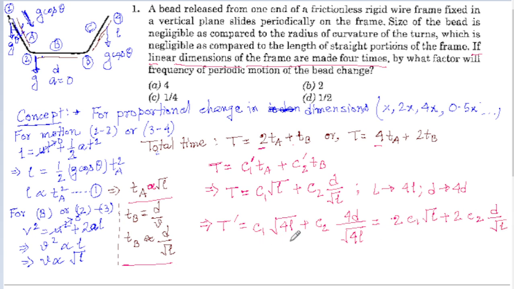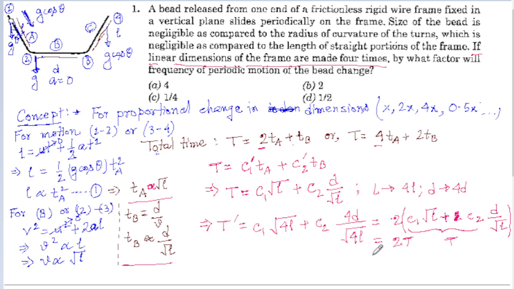Now we can take 2 as common, and after removing it, from observation we see that c1 into root l plus c2 into d divided by root l is nothing but t. So in a nutshell, this new time t dot is now becoming equal to 2 times t.